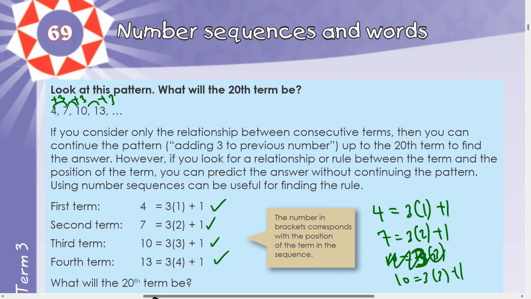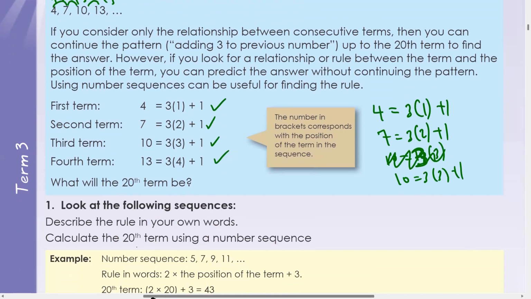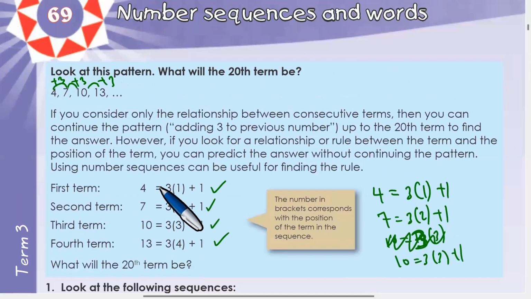Okay, let's look at the next one. What do you think the 20th term is going to be here? Because the fourth term is this. What do you think term number 20 is going to be? Is it going to be 64?